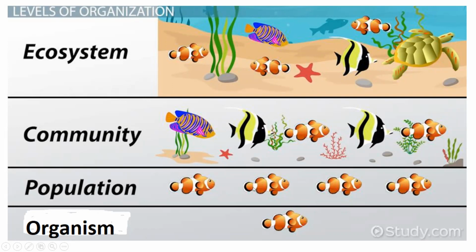For example, there are 4 clownfish, so this is a population of clownfish. And then community. Community includes different populations. For example, population of seaweeds, population of clownfish, and population of, I don't know what type of fish this is, Dory in Nemo.